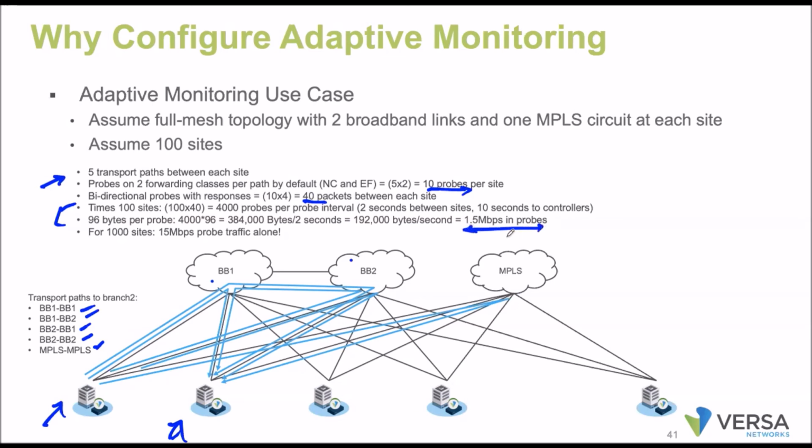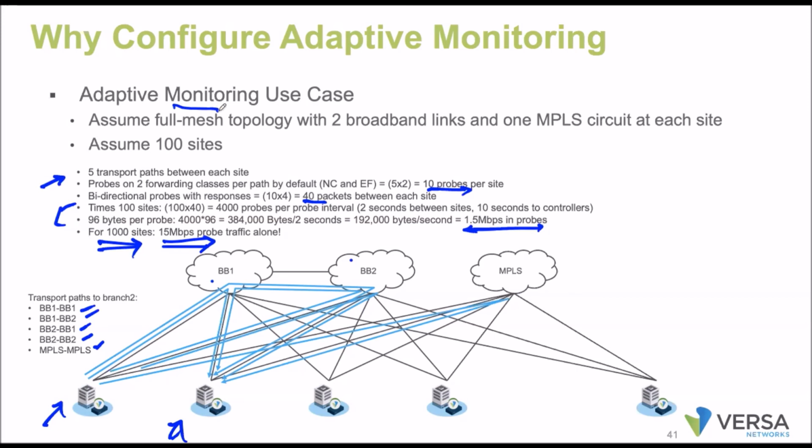it is consuming 1.5 Mbps just for probing. With the 5 transports, it is going to consume 1.5 Mbps in the probes. Now, if you wanted to do the probing for 1,000 sites, it is 15 Mbps of traffic only for probing.